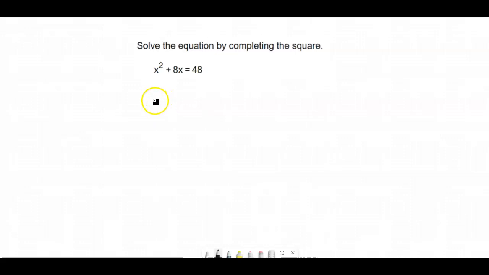So we're going to go ahead and write x squared plus 8x. And then I'm going to leave this part blank, and we're going to say that's equal to 48. All right, so, excuse my writing, but now we need to find that magic number.